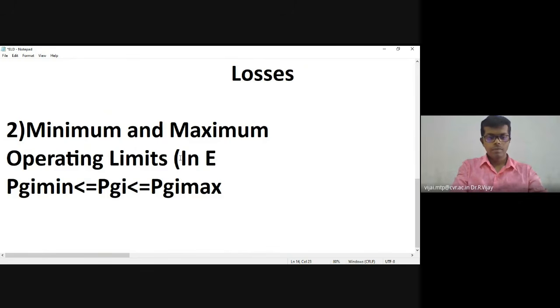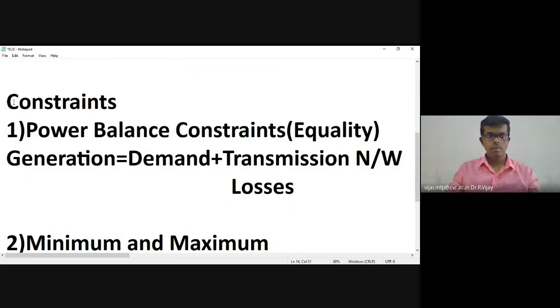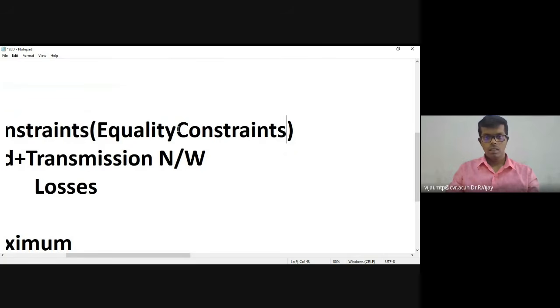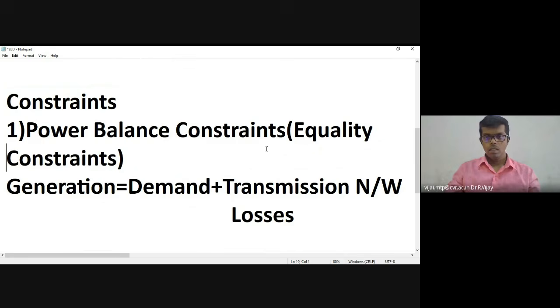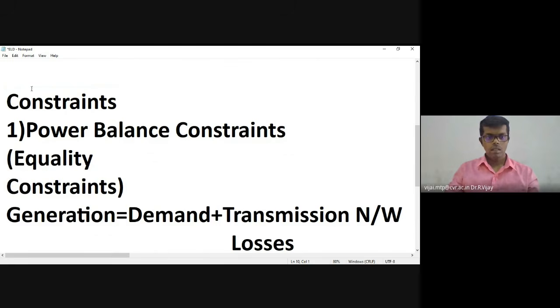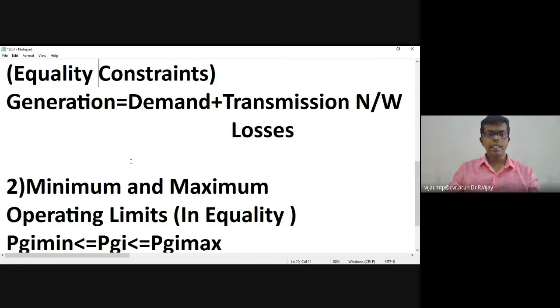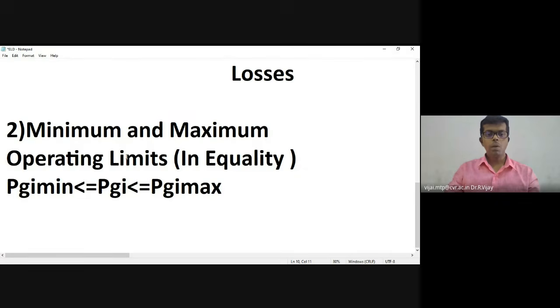The power balance constraint is nothing but an equality constraint, and the minimum and maximum operating limits are nothing but your inequality constraints.